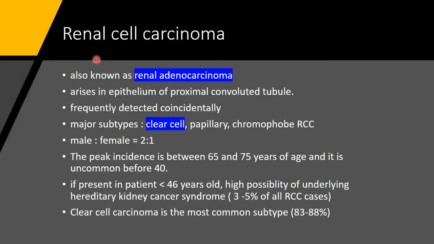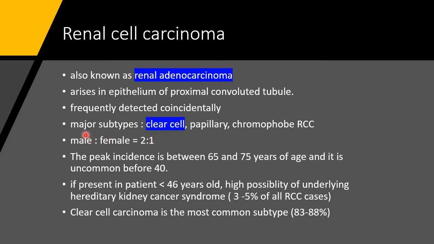To the topic proper, renal cell carcinoma. Renal cell carcinoma, or RCC in short, is also known as renal adenocarcinoma. It arises in the epithelium of the proximal convoluted tubule of the kidneys and is frequently detected coincidentally during some routine physical examination.